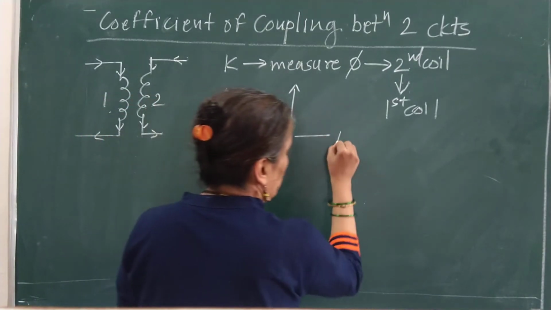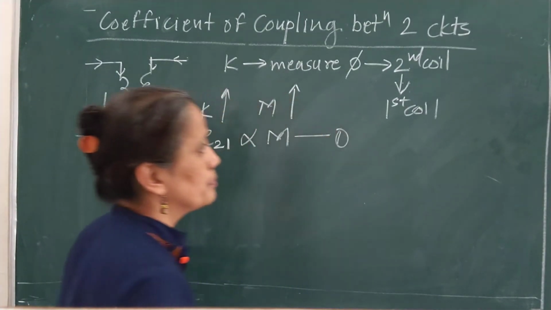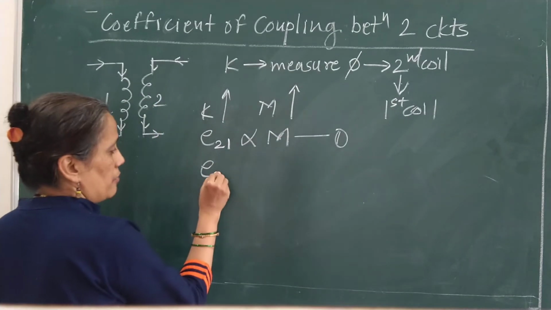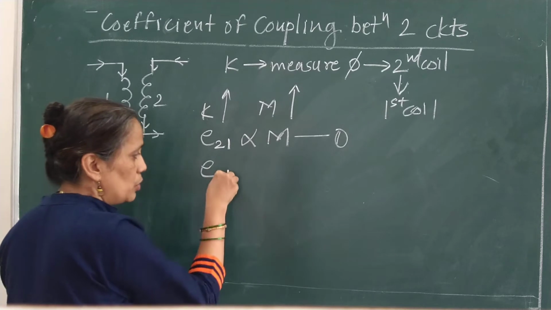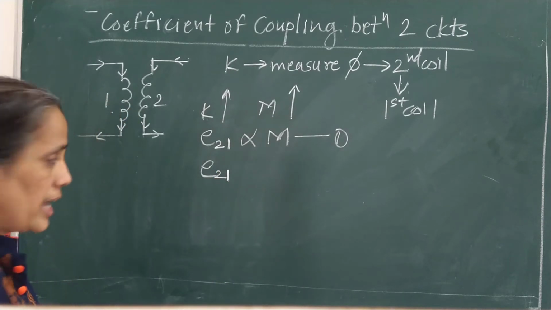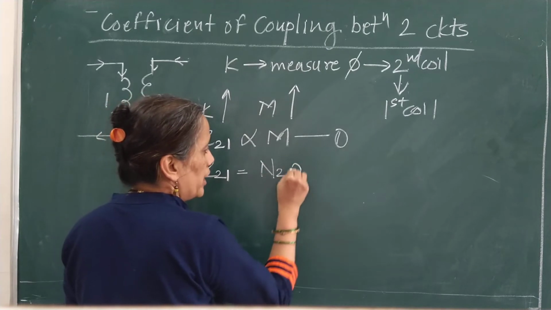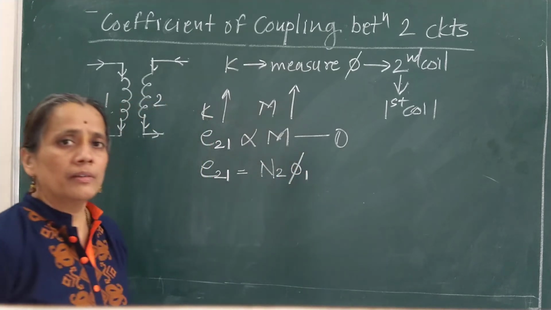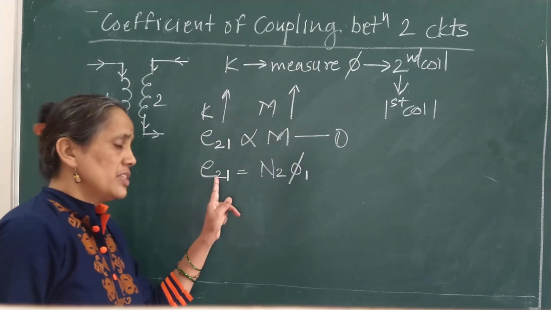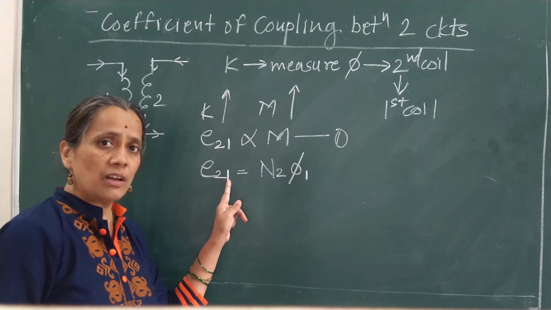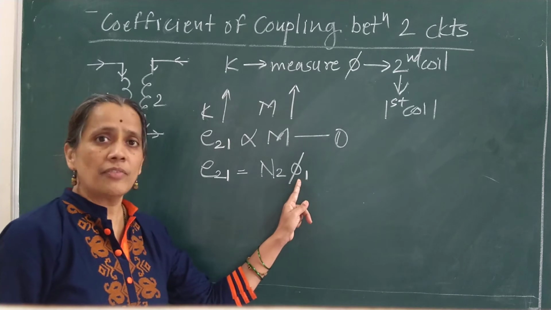This equation I can call equation number 1. At the same time, I can say that the EMF induced in the second coil due to the first coil is equal to N2 into phi 1. Why? Because EMF is induced in the second coil due to the change in magnetic flux in the first coil, therefore phi 1.